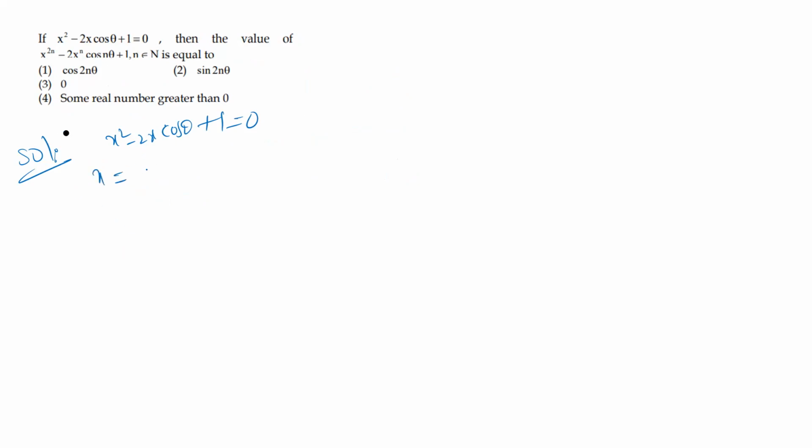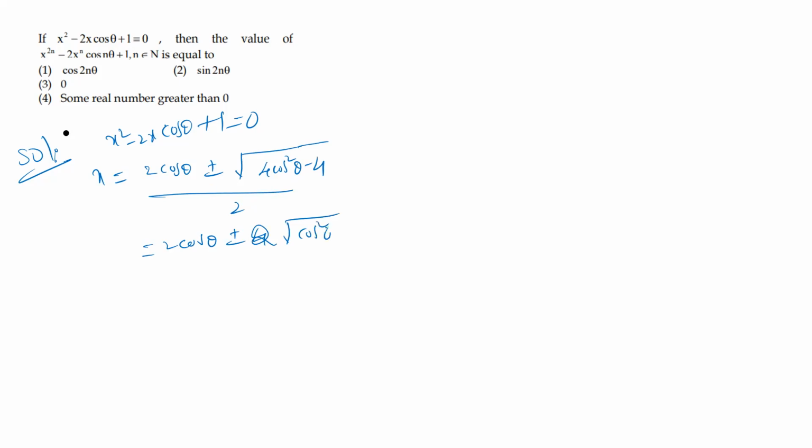Minus b means 2 cos theta, plus or minus square root of 4 cos square theta minus 4ac, which is 4 only, by 2 into 1, 2. 2 cos theta, I am taking 4 common, that becomes 2, remaining cos square theta minus 1, by 2. Now the 2s cancel. Remaining cos theta plus or minus the root of minus, which is nothing but i, times 1 minus cos square, which is sin square. That is sin theta. Okay.